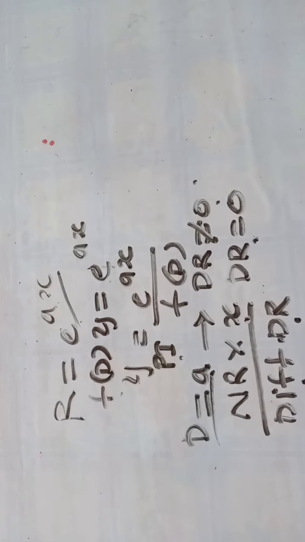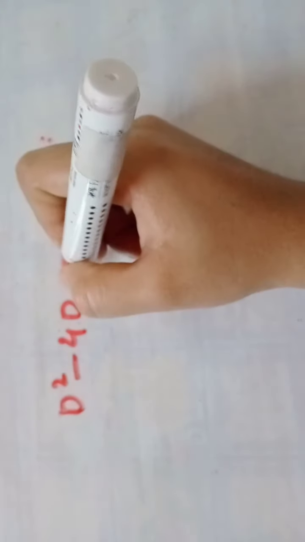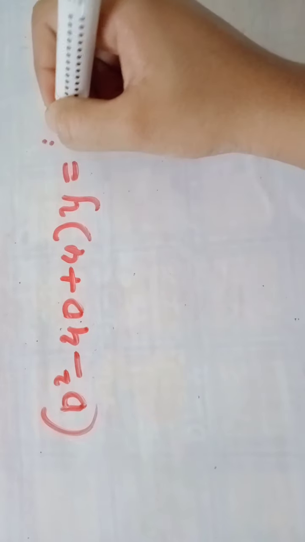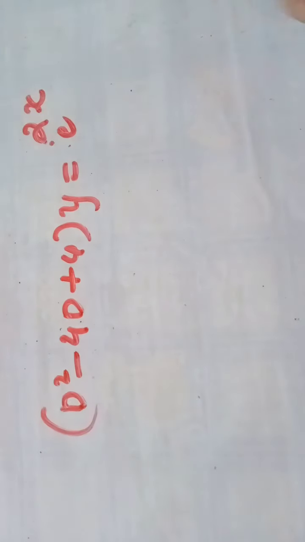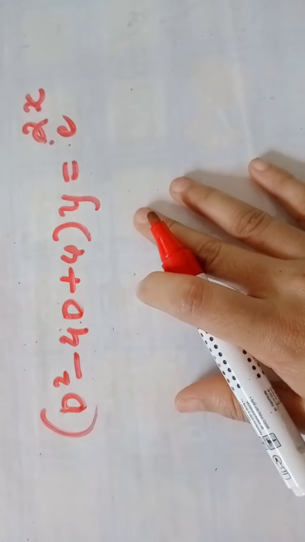Okay, the method can be made clear by doing a problem. Consider the problem D square minus 4D plus 4 into y is equal to e raised to 2x. So this is the equation.